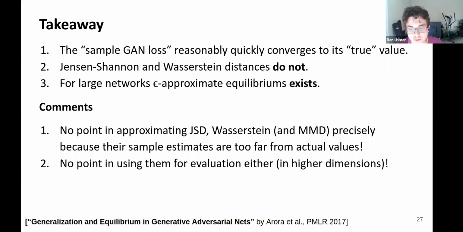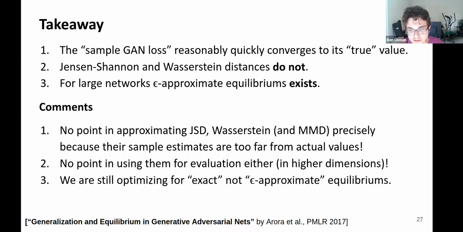Another thing is that when we optimize our generators and discriminators in practice, we are actually looking for exact optima. So despite showing that there are good enough solutions that neural networks can approximate, it seems to me that our training procedures would still skip over them and continue looking for perfection where there is none, so to speak.